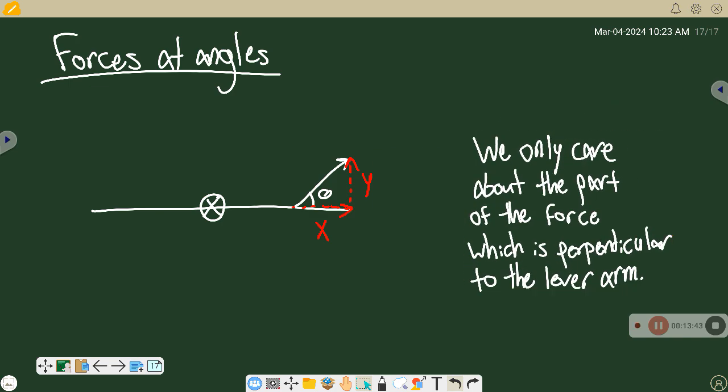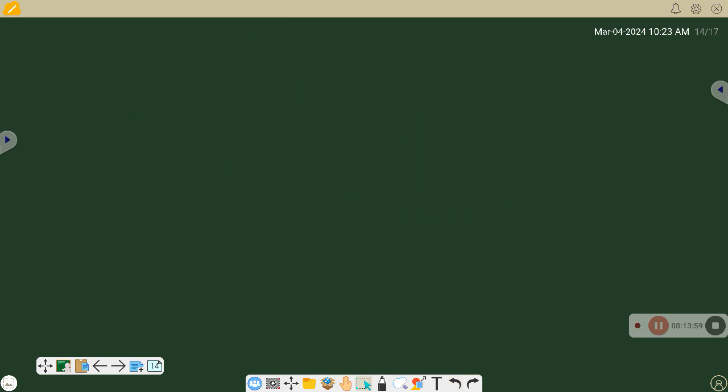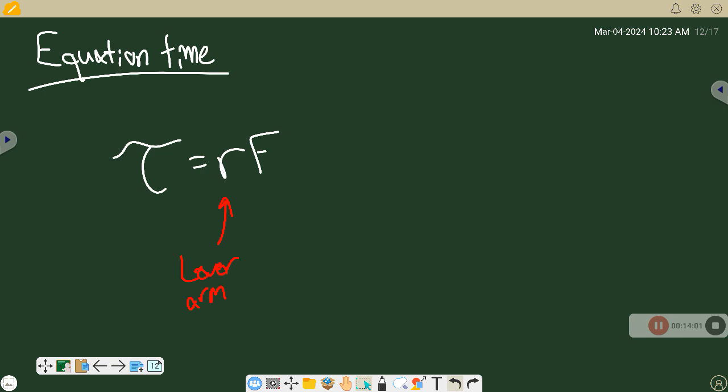So I'm going to say this about torques. We only care about the part of the force which is perpendicular to the lever arm. In this case, that is going to be our y component here. We only care about the part of the force which is perpendicular to the lever arm. So with that being said, I'm going to go way back to our equation here and add one thing: a sine theta at the end.